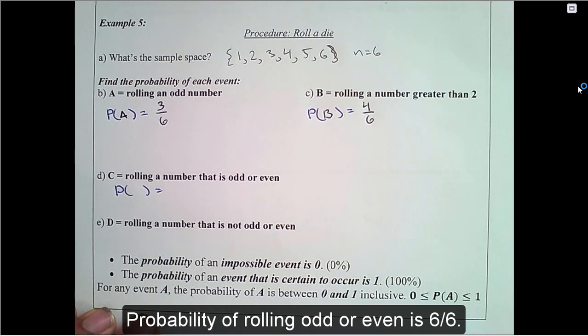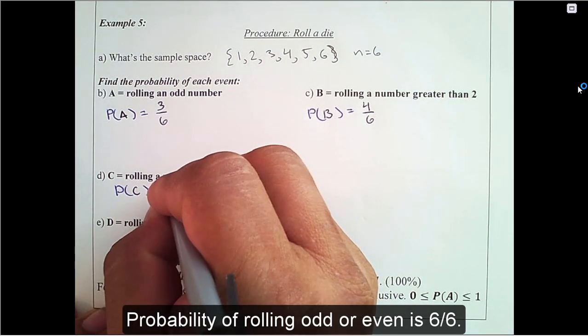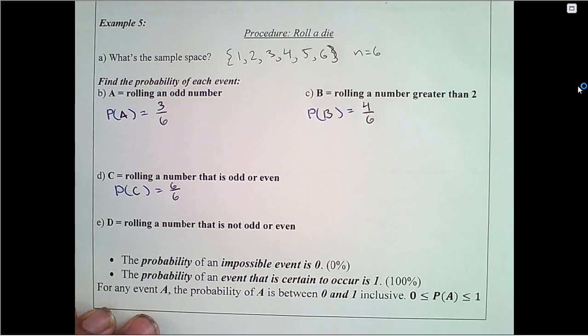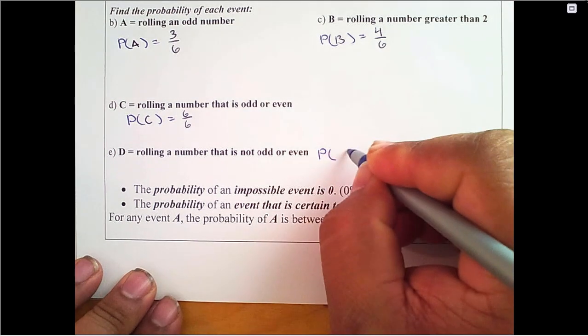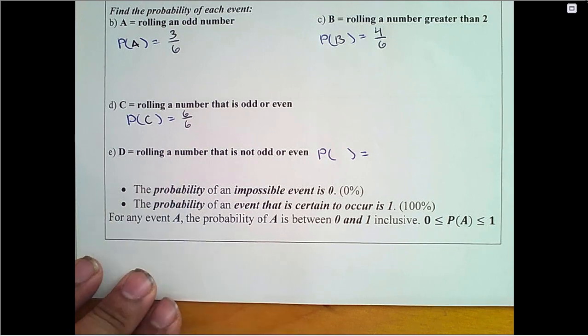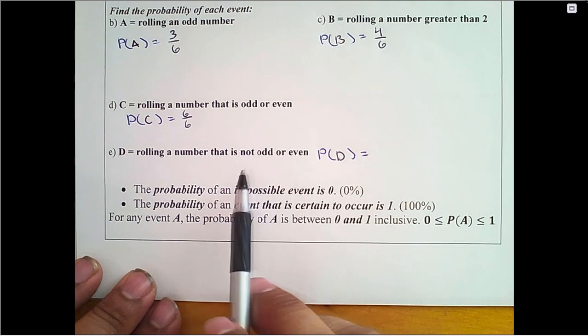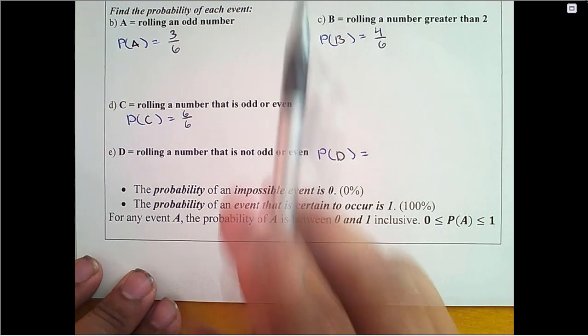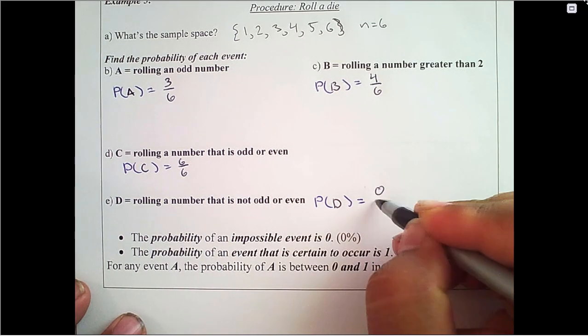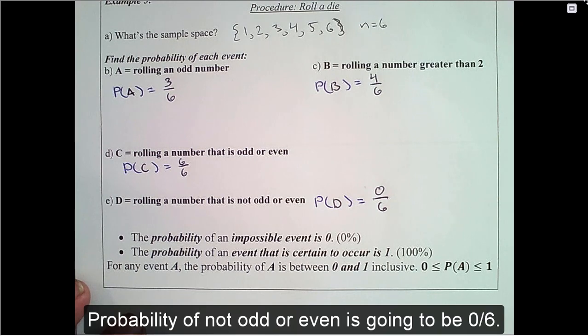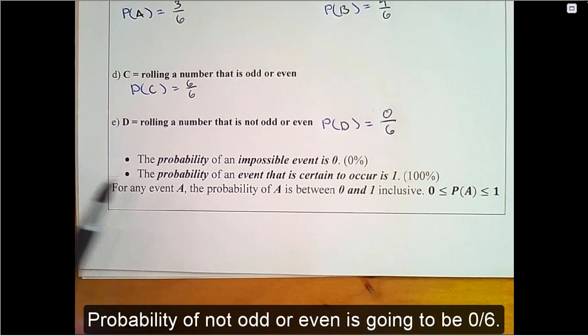Probability of rolling odd or even is 6 out of 6. Probability of not odd or even is going to be 0 out of 6.